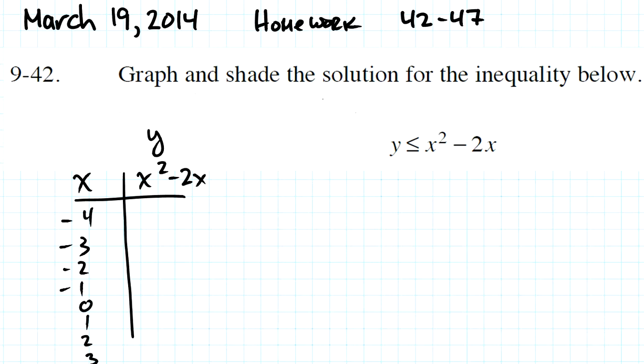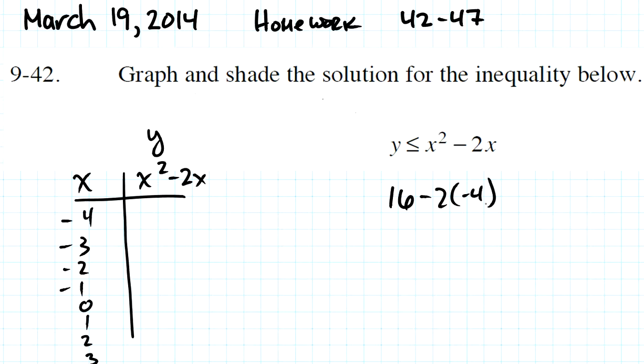So if, for example, x were to equal, say, -4, then I would have -4 squared, which would be a +16, and then minus 2 times -4, which means actually it means +8, right?